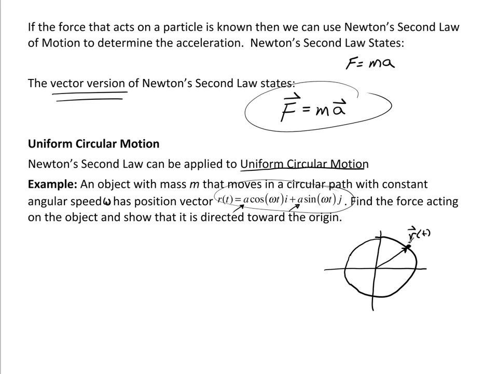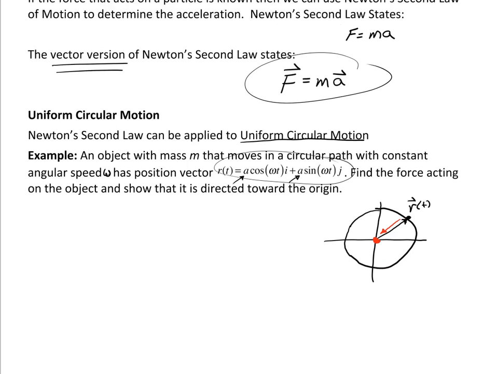I want to show that whatever force is acting on this particle as it travels in uniform circular motion is acting in this direction, heading back toward the origin. That's what this is saying, just to make sure we're on the same page before we jump too far into this.